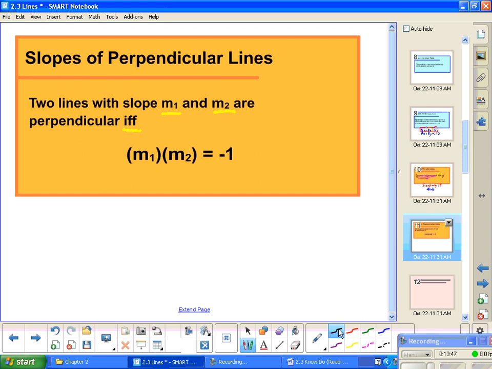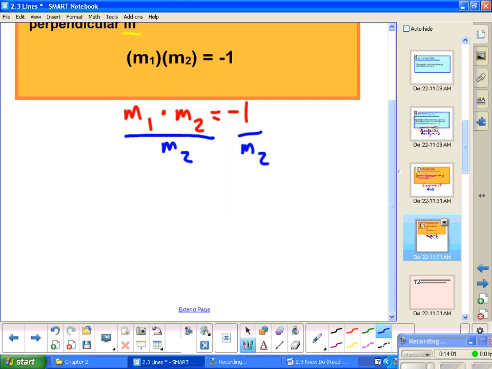If I take the equation m sub 1 times m sub 2 equals -1 and divide both sides by m sub 2, I get m sub 1 equals -1 over m sub 2, which is probably a little more familiar to you.